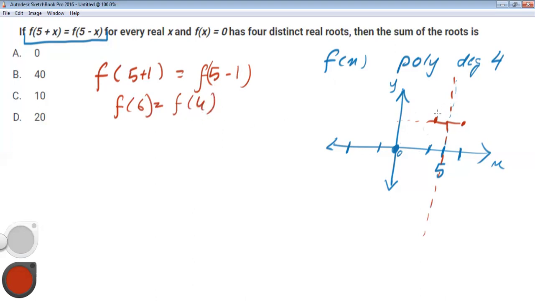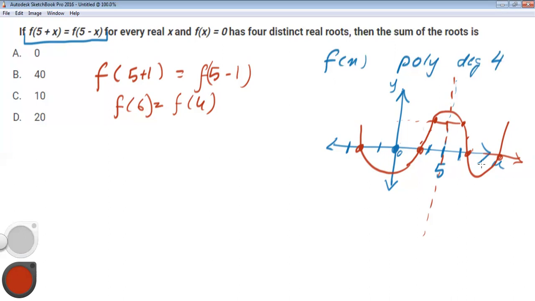Like that, it's going to keep on coming down or going up. So the graph will look somewhat like this. Okay, 1, 2, 3, 4 intersections. I'm just making an approximation of the graph. It won't be this graph at all, because we will require more information to get the graph correctly.